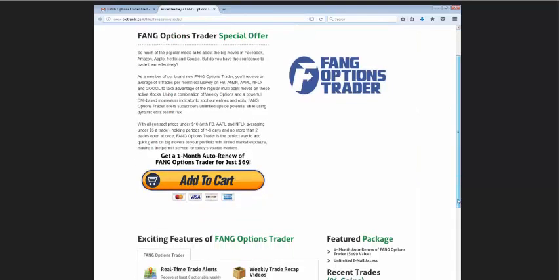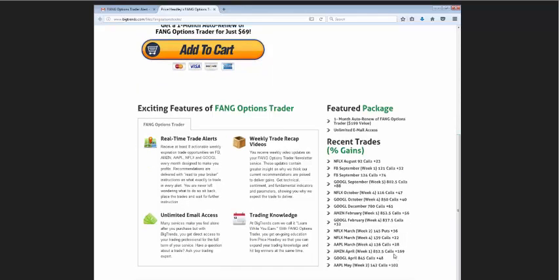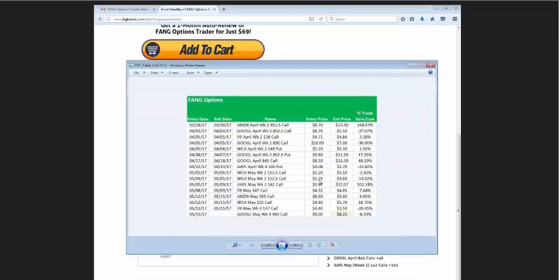When you go to that page, all you've got to do is hit a real simple instruction, add to cart. But before I do that, I wanted to show you the sample gains that we've had in the portfolio. Those are all on a typical $1,000 or less invested. Like I said, any of these times where I show you something over $5, we only used one contract. So you actually only applied about $5.35 on Netflix, $5.97 on Apple, and $1,000 on Google right there.